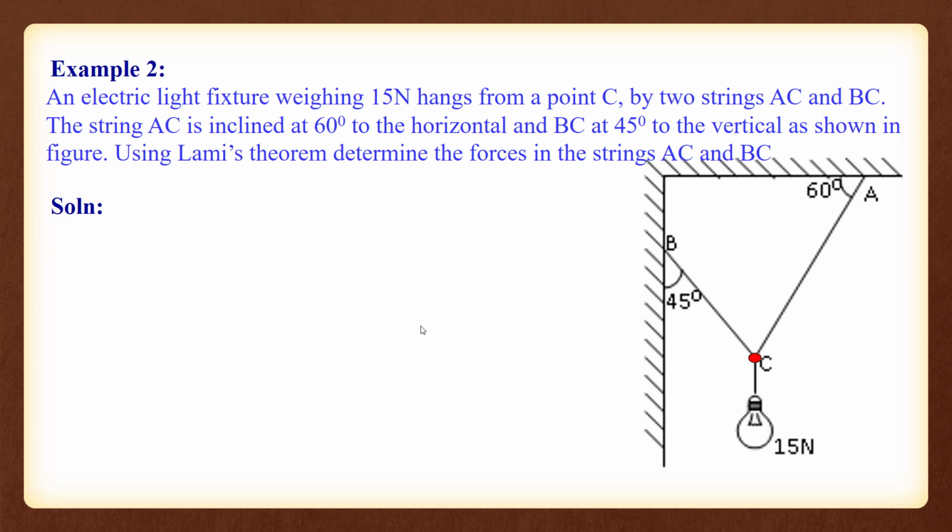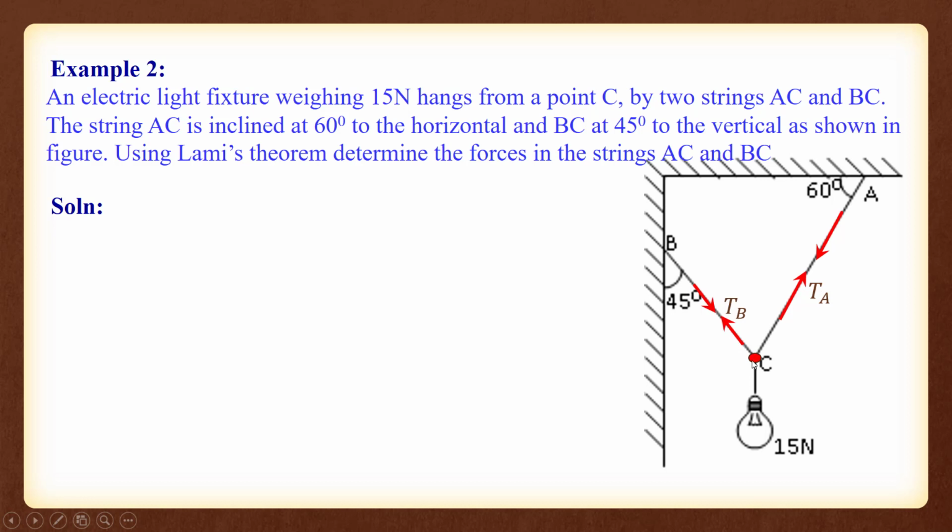So how will you mark the tensile forces? In the string AC, the tensile force is marked like this. It is denoted by TA, and in the string BC, the force is marked as shown in the figure. Let TB be the tension developed in that string. Now we need to find these two tensions.